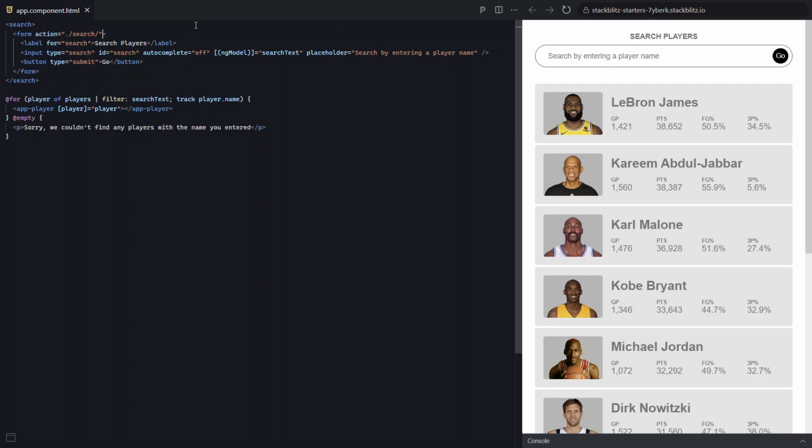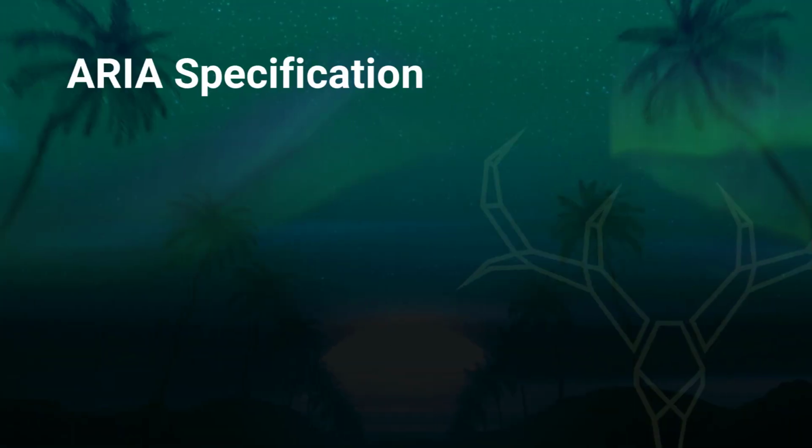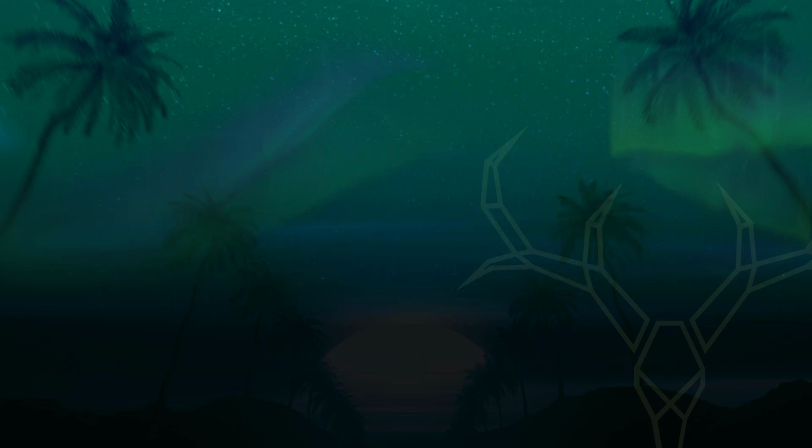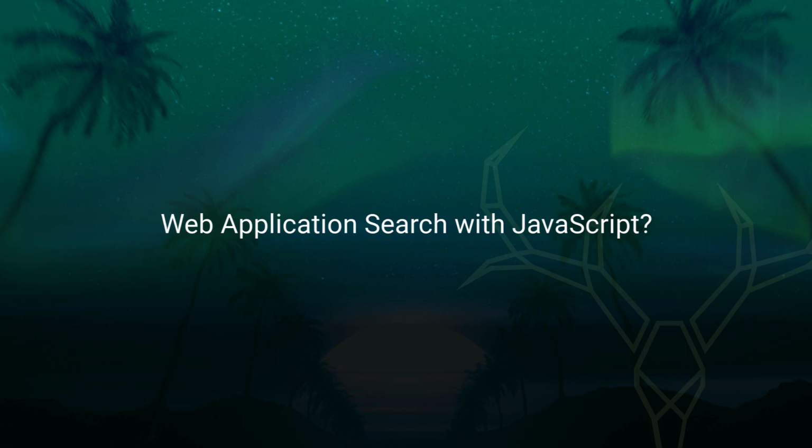We could leave it as it is with the landmark role attribute and no search element instead, but the ARIA spec is clear on the fact that we should always use the element that provides the appropriate semantics when one exists. And in this case, the search element now exists, so we should use it instead of the role attribute.